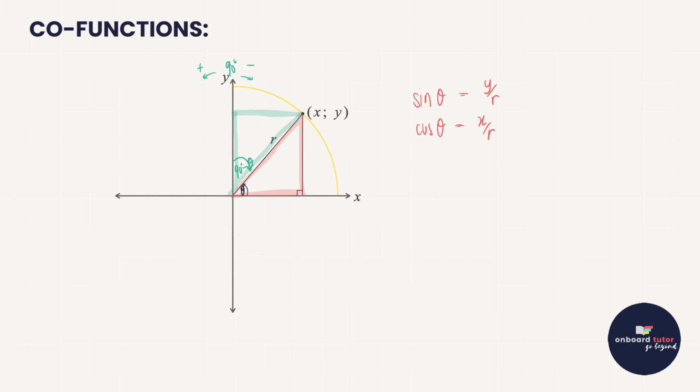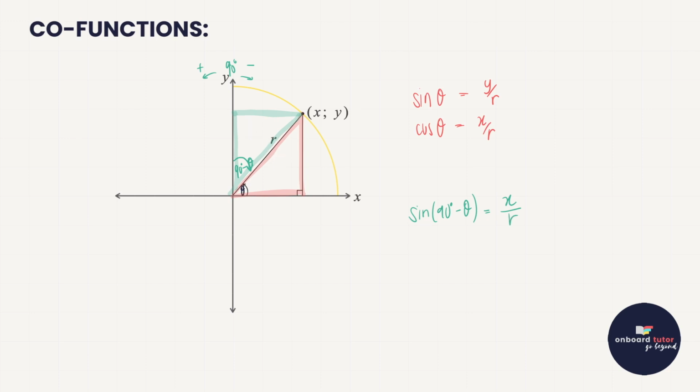So sine in the green triangle of 90 minus theta, I want opposite, so that is now in line with the x coordinate. That's the x distance. Do you see that? So x over the hypotenuse. The hypotenuse in this triangle is still there, the r value.